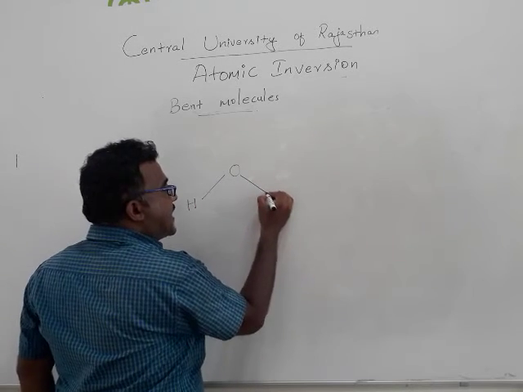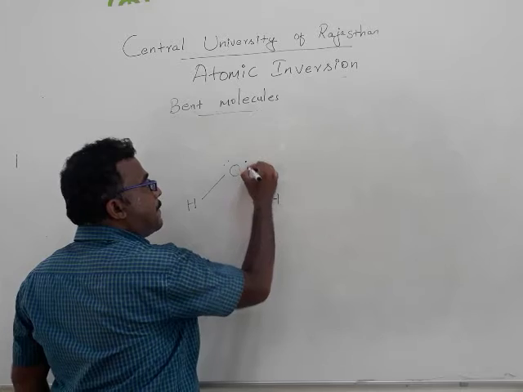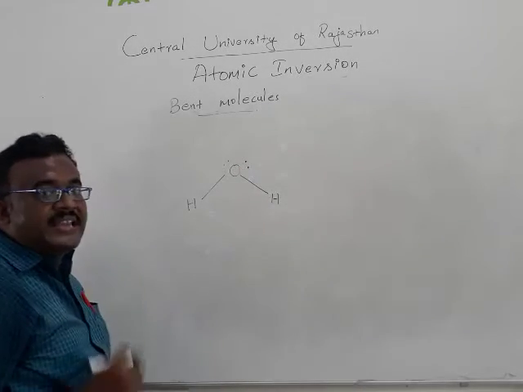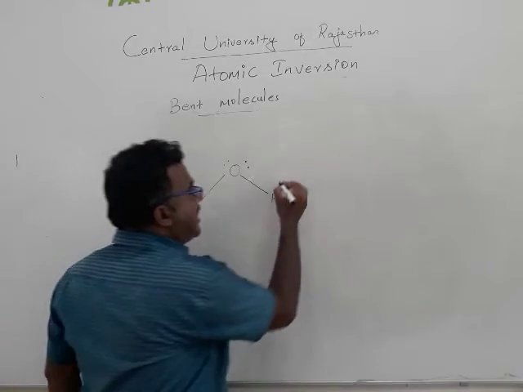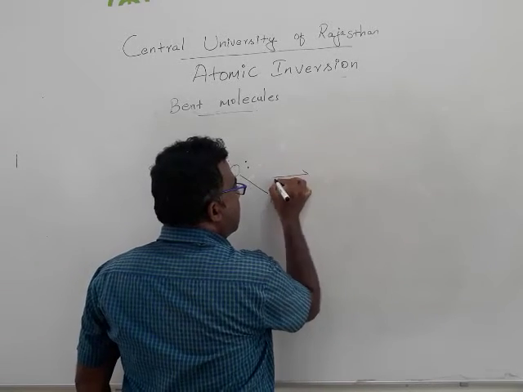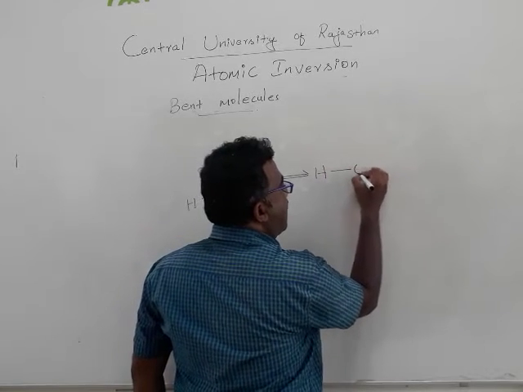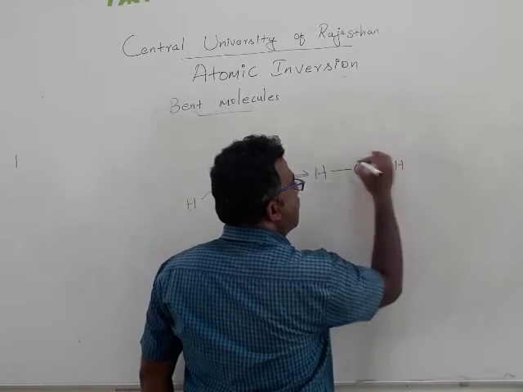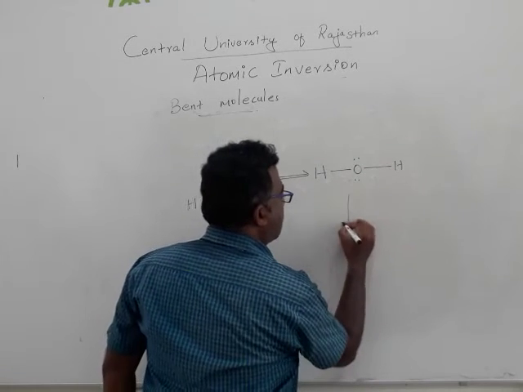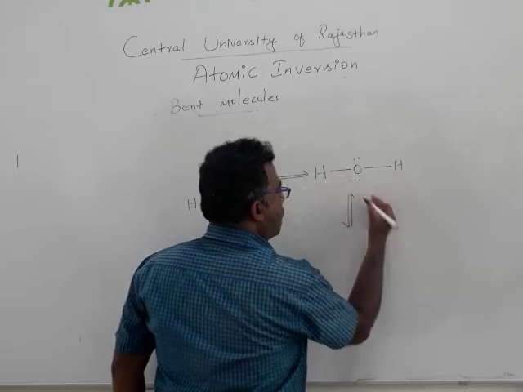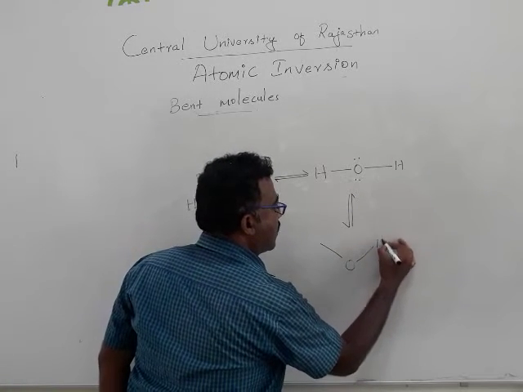We know that water has two bonded pairs of electrons and two unshared pairs of electrons. So this molecule can undergo inversion. It has to cross a linear transition state, and then it can undergo inversion.